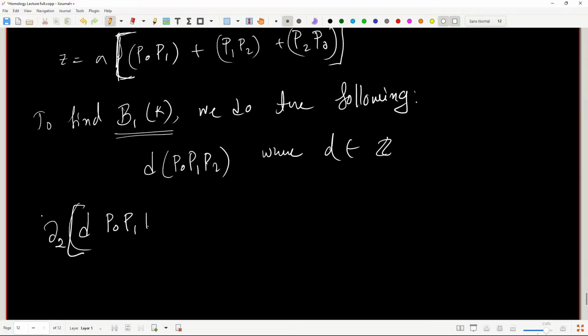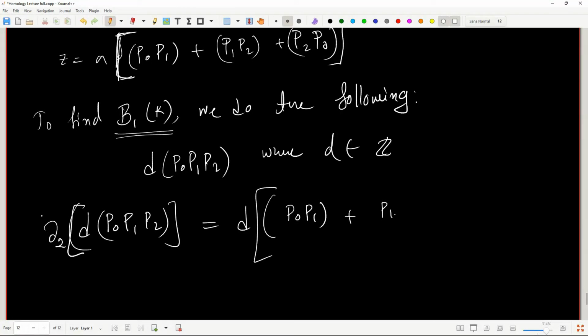If you apply the boundary operator on it and do the computation, you'll have the result, which is fairly easy to see: d times p0 p1, p1 p2, and p2 p0 like this.